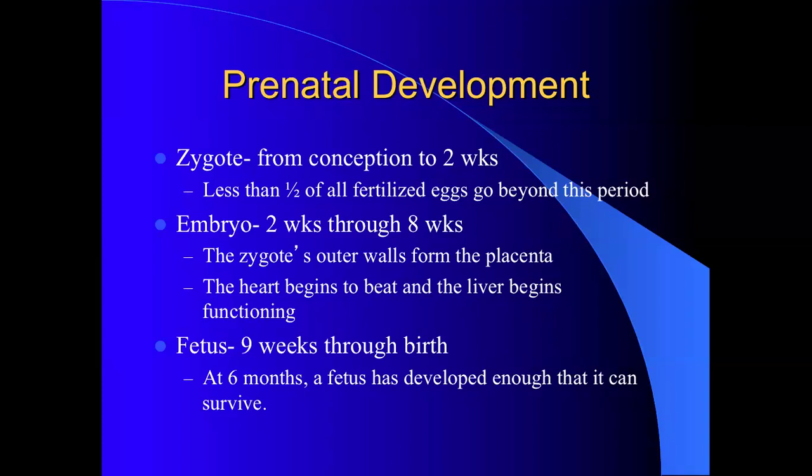But by the end of week 8, you have some people who are really bothered by abortion, because at this point you can actually track a heartbeat, you can track liver functioning and whatnot. So some people say, even if you were okay with a zygote being a blob of cells, and you could do the morning after pill, or you could do an abortion, that's fine.